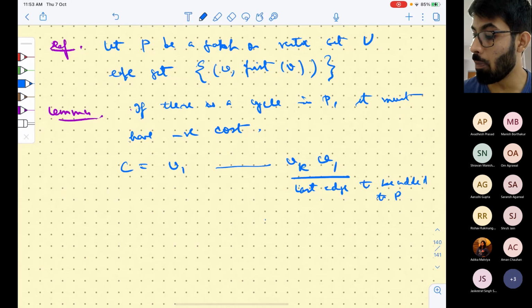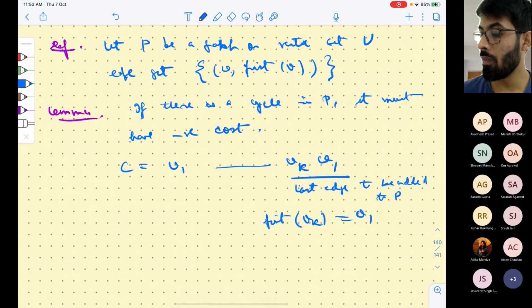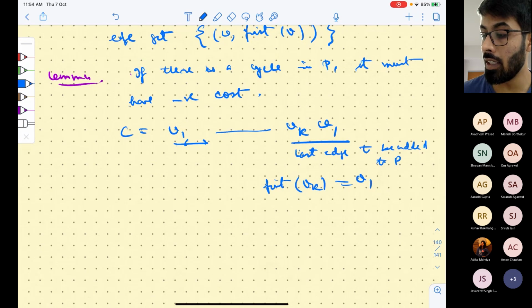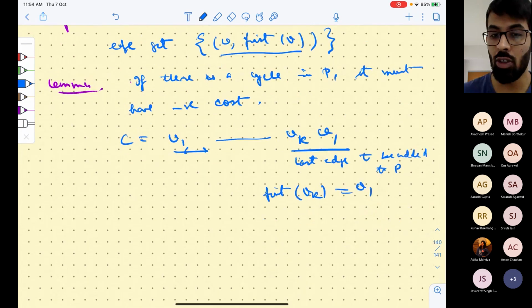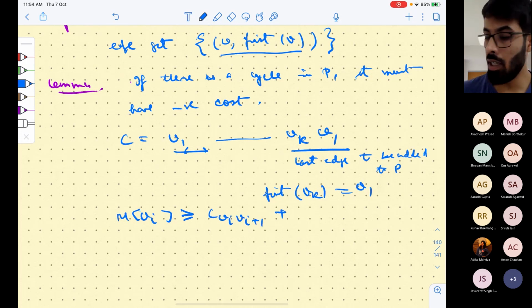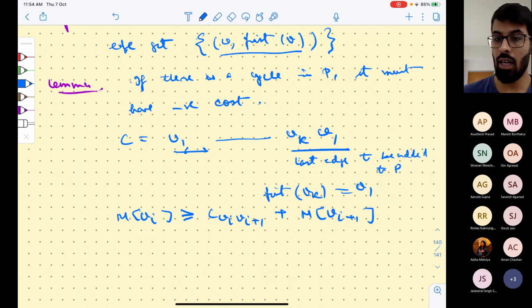And what does that mean? That we put first of Vk to be V1. Right? So now, how do we update these things by definition? That these are the V comma first of V. So then we have M of Vi is greater than or equal to C of Vi, Vi plus 1 plus M of Vi plus 1. Right?